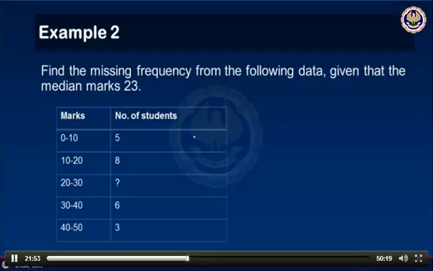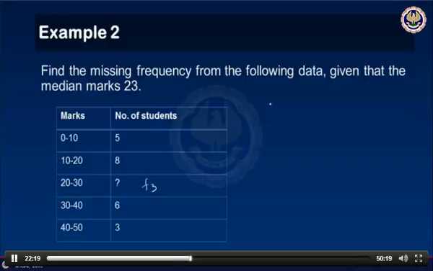Now, suppose the frequencies are F1, F2, F3, F4, F5. We assume that the missing frequency is F3. Now we compute the median with the help of the less than cumulative frequency. The class interval categories are generally less than and more than categories.